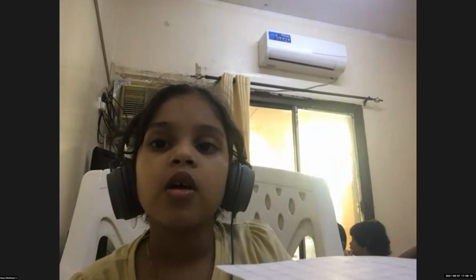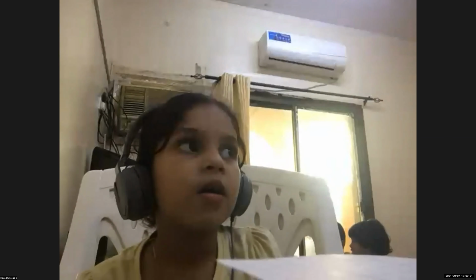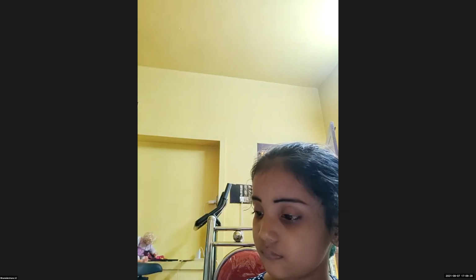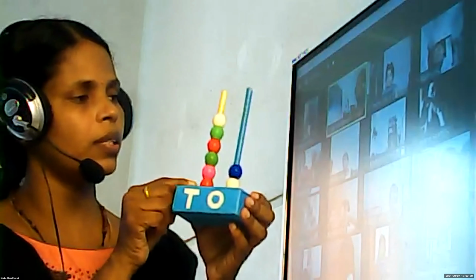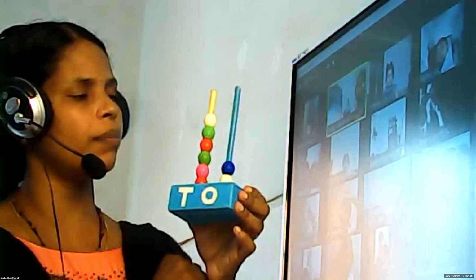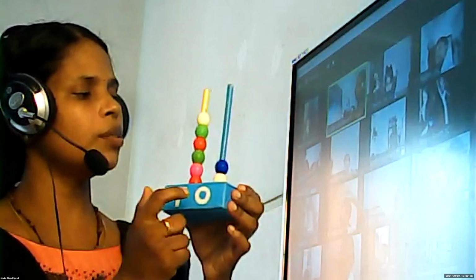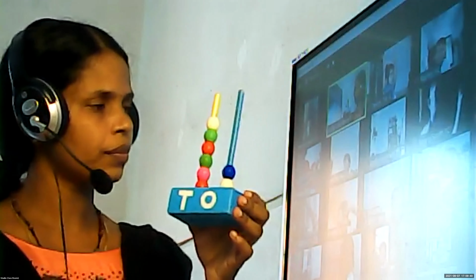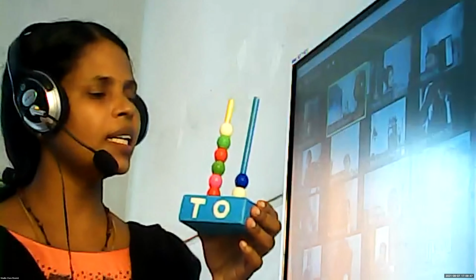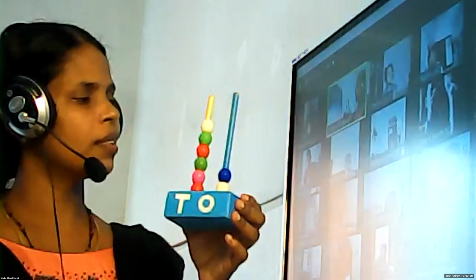What's the number? 6 tens and 2 ones. At the tens space, we have 6 beads. So 6 tens. And the ones space has 2 beads. So what's the number? 6 tens and 2 ones. Right? Many are raising the hand.